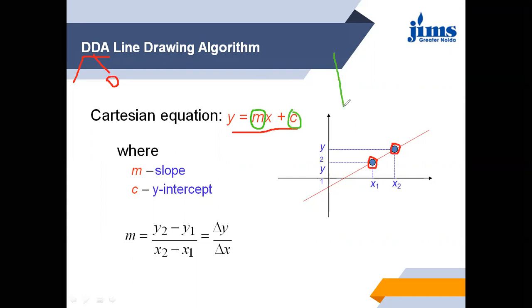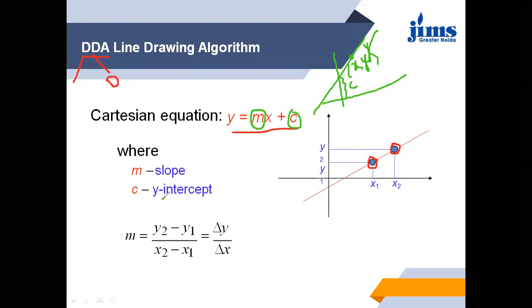Suppose this is a coordinate system and this is a line y equals mx plus c, then x and y are any two points that lie on this line, and c is this intercept, meaning intercept on the y axis.